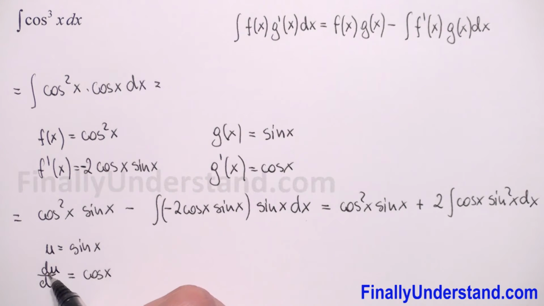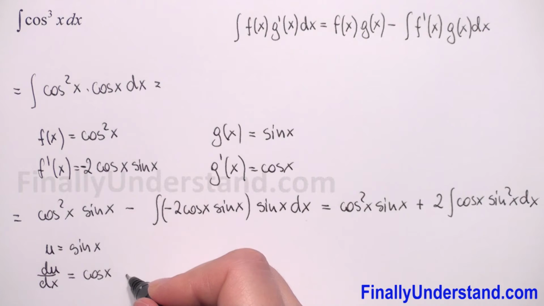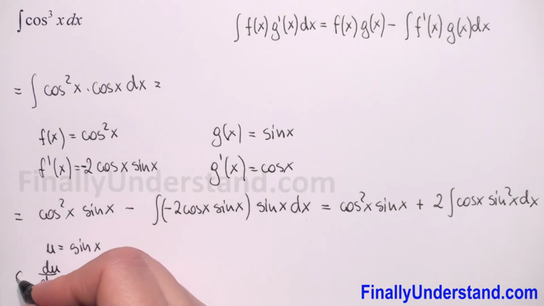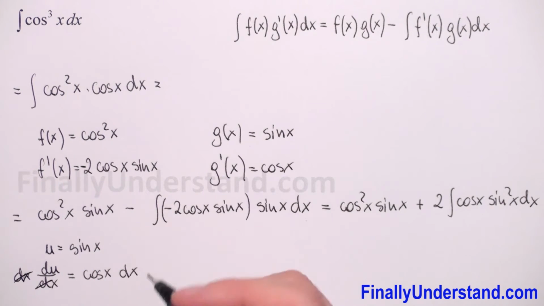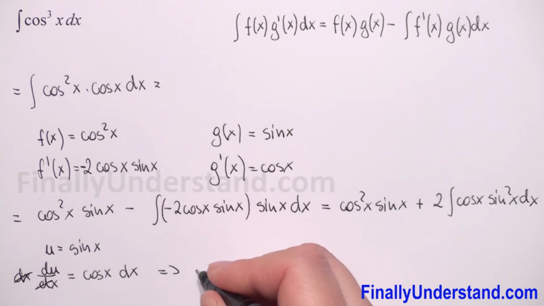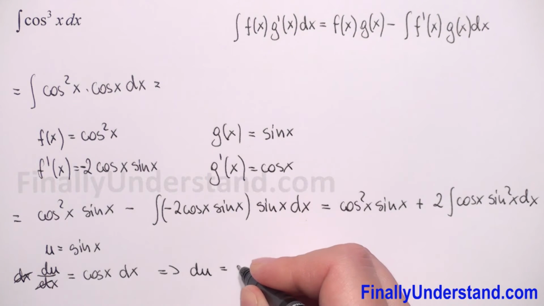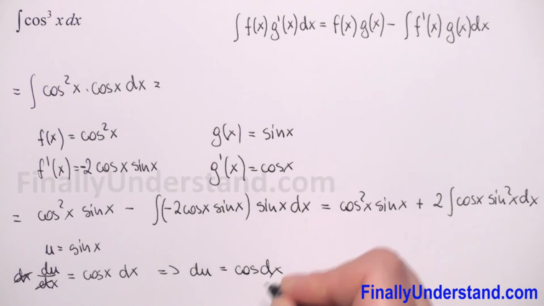Now to find du, because when we do u substitution we need to find du, we need to multiply both sides by dx. Dx and dx we can reduce, and we have that du is equal to cosine x dx.